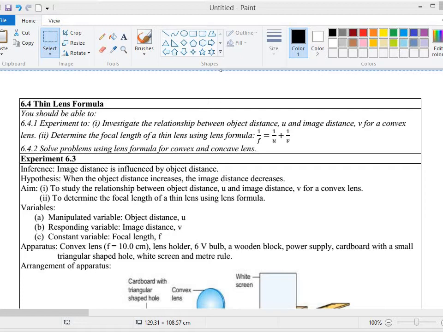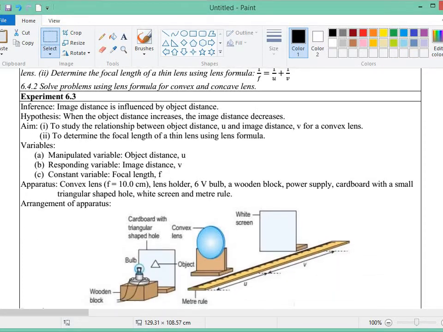When the object distance changes, the image distance will change, and this will also be affected by the focal length of the lens. So here in 6.4 we are going to learn a formula that relates focal length, object distance and image distance. Now look at this experiment 6.3.